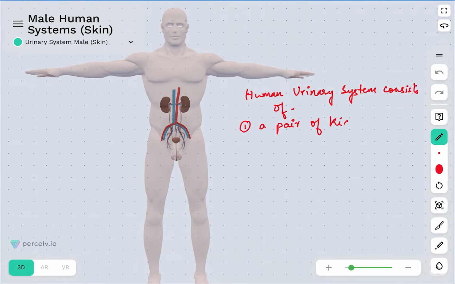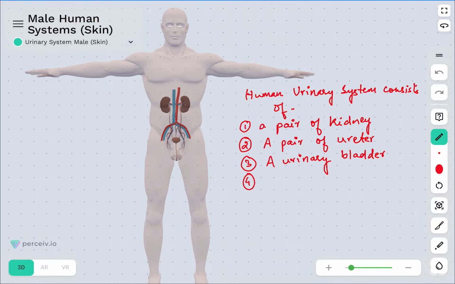We will also see individually where these organs and specific blood vessels are located in the urinary system. So it consists of a pair of kidneys, then a pair of ureters, then a urinary bladder, and a urethra.